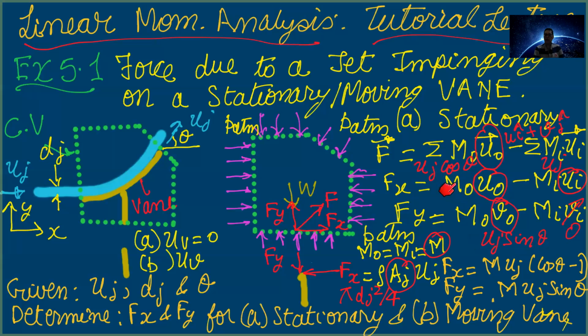Here it is m uj cos theta minus m uj, so when you take m uj common, it is cos theta minus 1. These are the reaction forces acting on the control volume. Now the actual force acting on the vane corresponds to the negative sign of these forces.